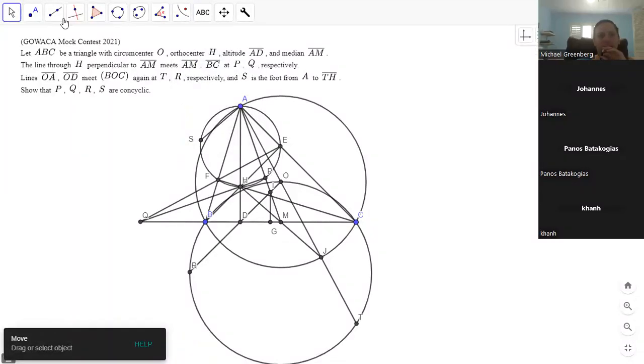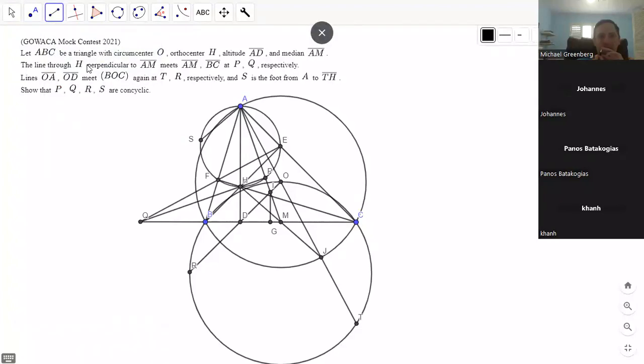Okay, so QR is the polar of D, so QR has to be perpendicular to IB. And then we defined QPI to be perpendicular. So that would prove that QPIR is cyclic.